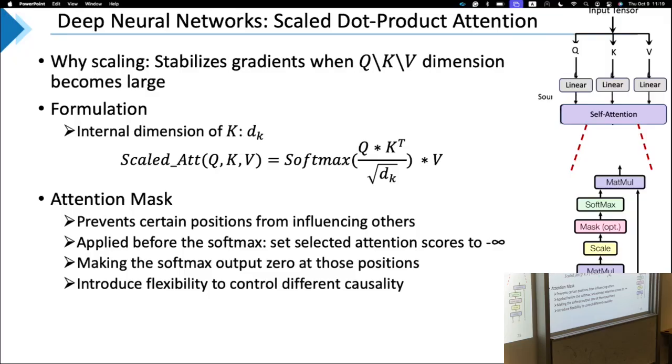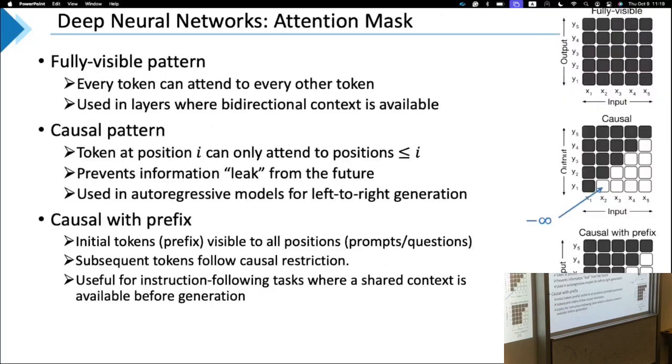What I want to mention here is the use of the attention mask, because this is part of the reason why the attention module is so powerful and flexible in controlling how different tokens can influence other positions of tokens and how to extract information. In this slide, I summarize 3 different patterns of attention mask.